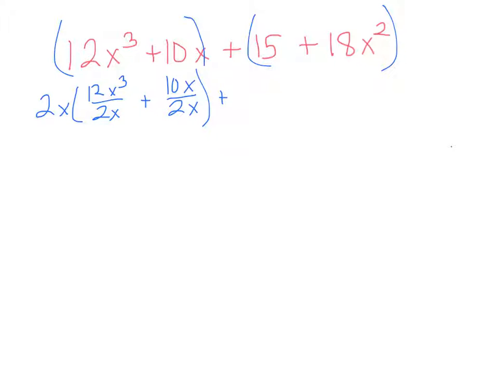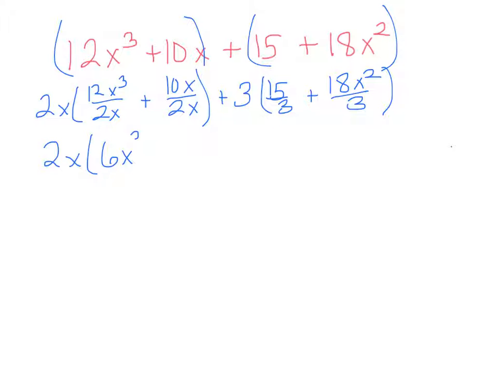And then the second group has a common factor of 3. So over here, that gives us 6x squared plus 5. And over here, that gives us 5 plus 6x squared.